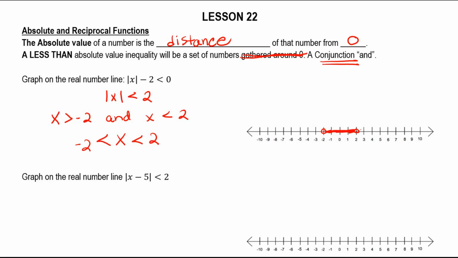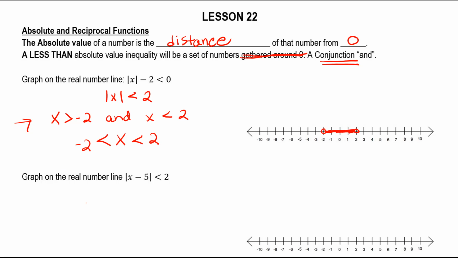All right, the next one says graph on the real number line the absolute value of x minus 5 is less than 2. It's the same kind of situation, but now you're talking about x minus 5. You're not talking about x. That x minus 5 can't get any further away from 0 than 2. And so that's a little bit trickier, but if we go back up here and see how we talked about it in this situation, we can talk about it the same exact way.